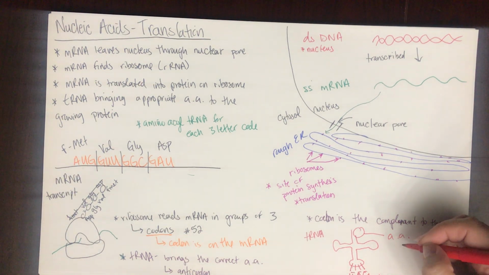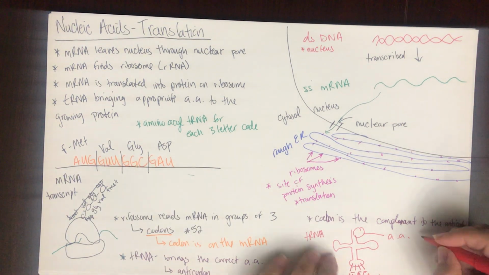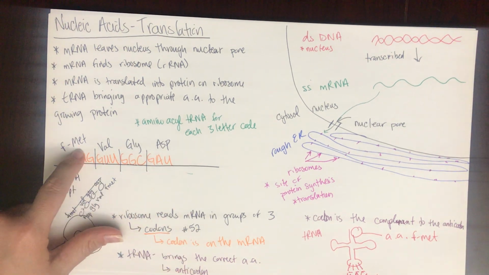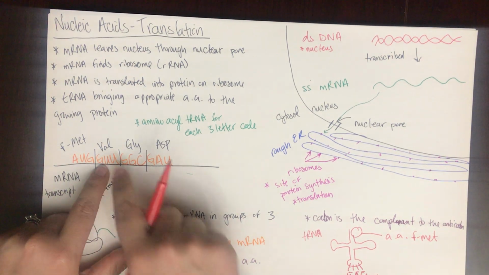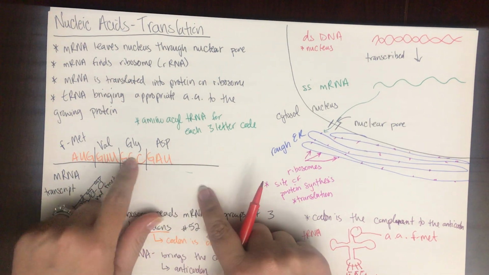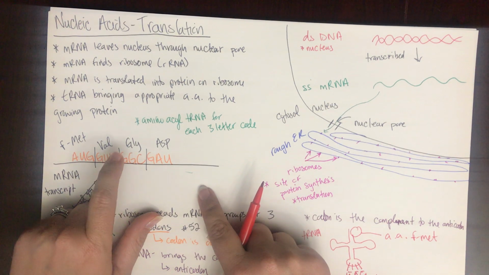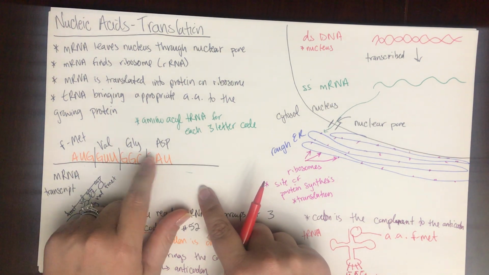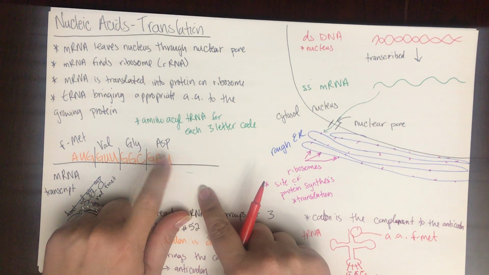And the amino acid that would correlate would be the formylated methionine here. So then the anticodon for valine here would be CAA. The anticodon for glycine would be CCG. The anticodon for asparagine would be CUA.